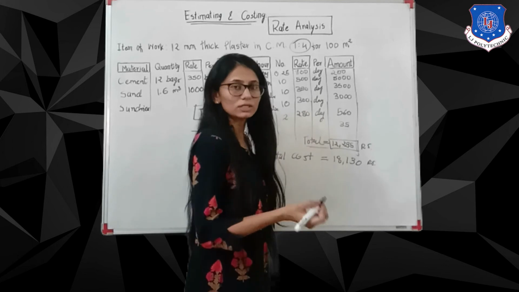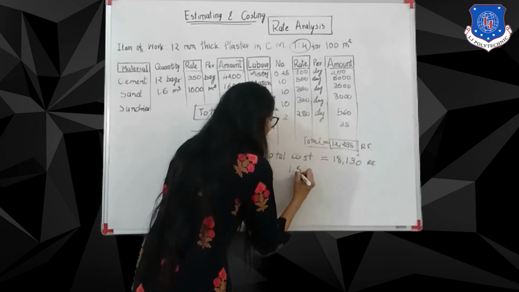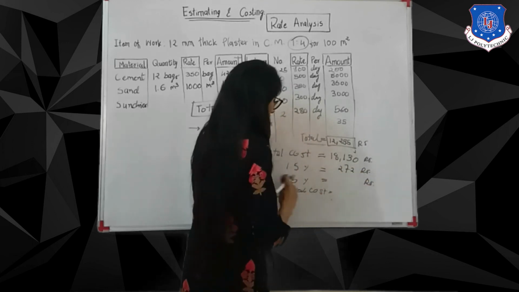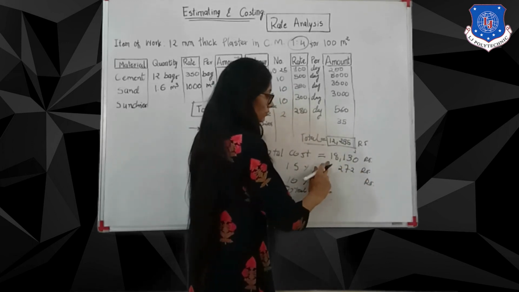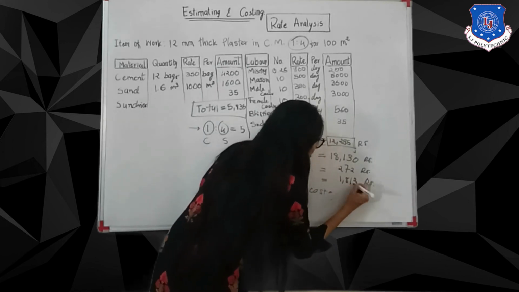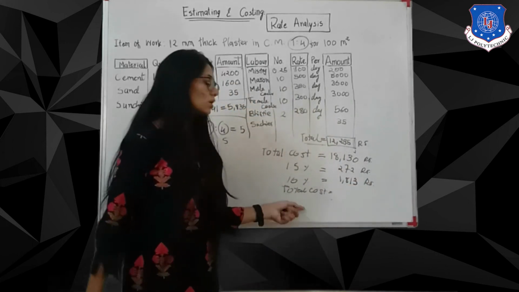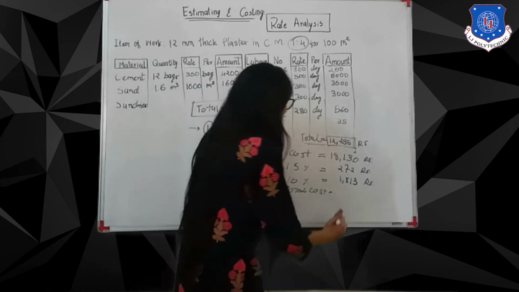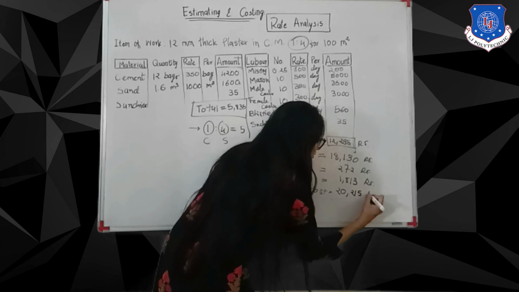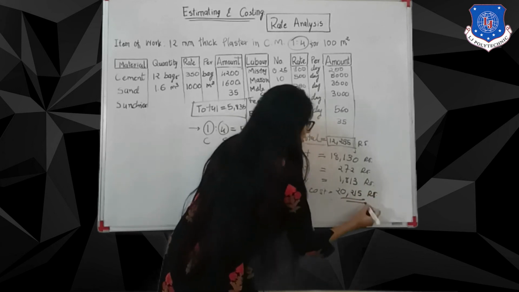Now I'm adding the water charges, which is 1.5% of total, 272 rupees. Now 10% of contractor's profit, which is 1,830 rupees. The final cost, the total cost of construction is 20,250 rupees. So this will be the final answer.